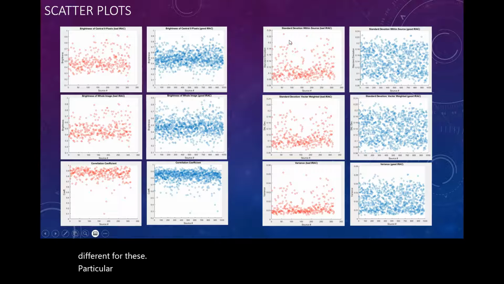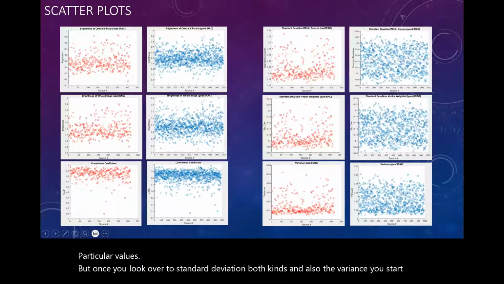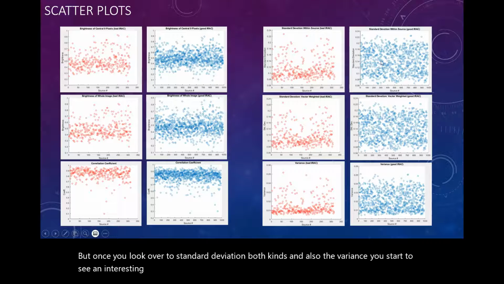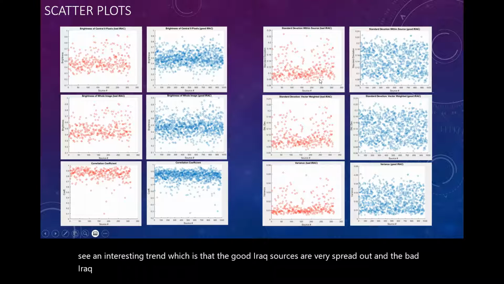But once you look over to standard deviation, both kinds, and also the variance, you start to see an interesting trend, which is that the good IRAC sources are very spread out, and the bad IRAC sources are very clustered towards the bottom.